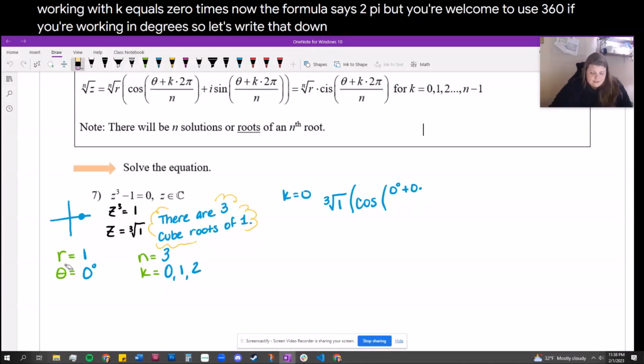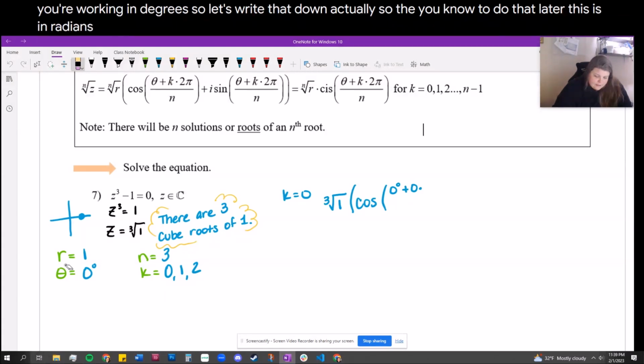So let's write that down actually, so that you know to do that later. This is in radians. You can use 360 degrees if theta is in degrees.